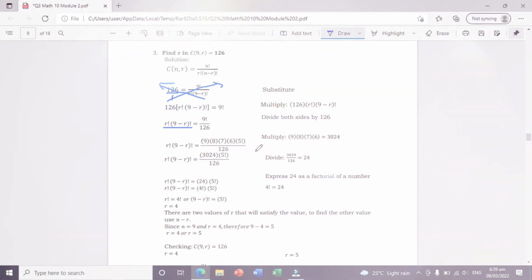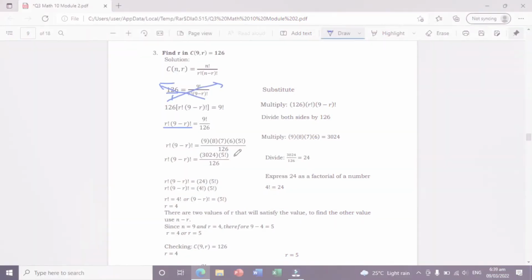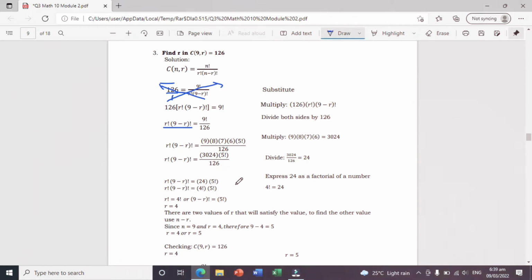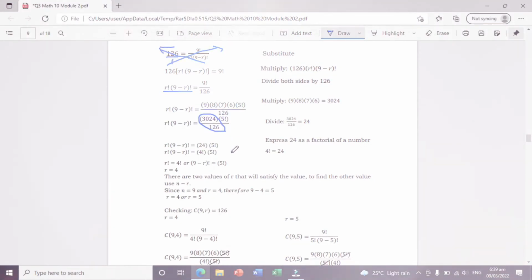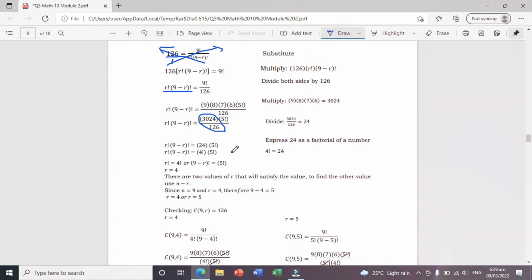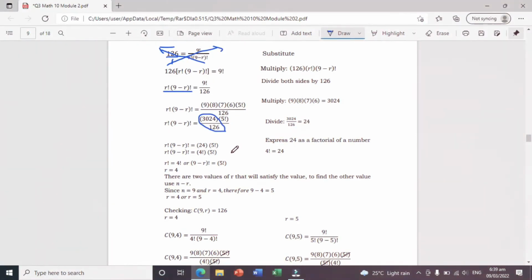Later, you will know why we only go up to 5 factorial. So, 9 times 8 times 7 times 6 is 3024. Then, times 5 factorial over 126. Actually, you can continue until you reach times 1 in 5 factorial, then multiply by 3024 and divide again by 126.